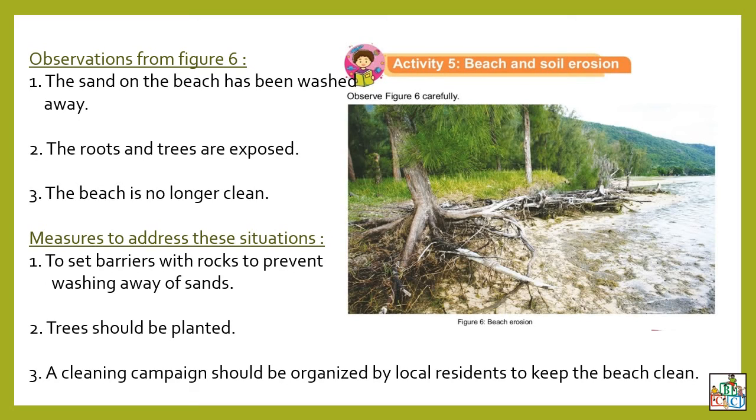The measures to address these situations: set barriers with rocks to prevent washing away of sand. Trees should be planted, and a cleaning campaign should be organized by local residents to keep the beach clean. Okay, children, these are your measures and your observations from figure 6 on beach erosion.